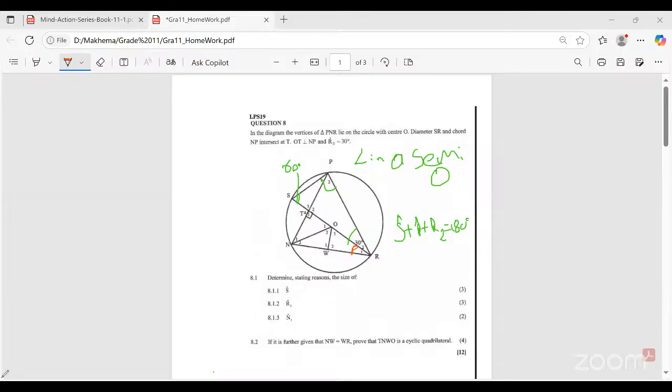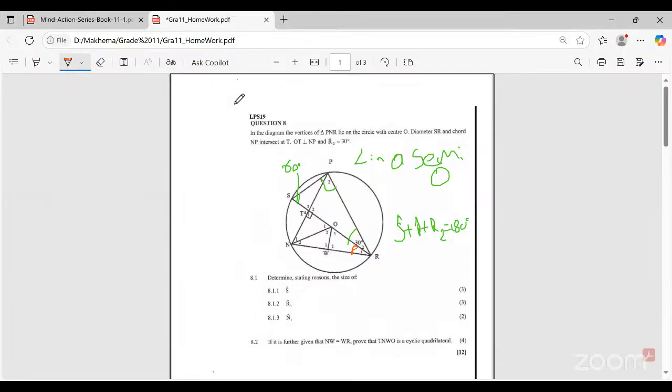Let's say now we want the size of R1. Using that triangle, we saw that this angle is equal to this angle, reason being angles opposite equal sides, or base angles of an isosceles triangle.